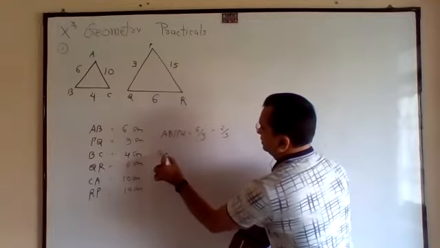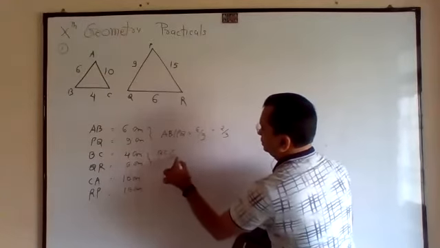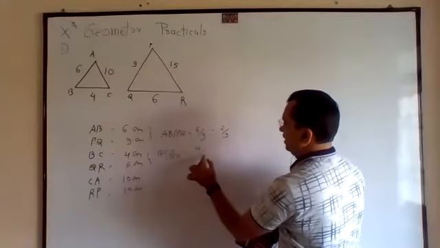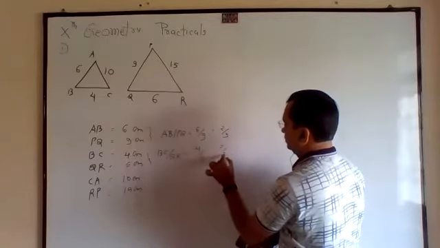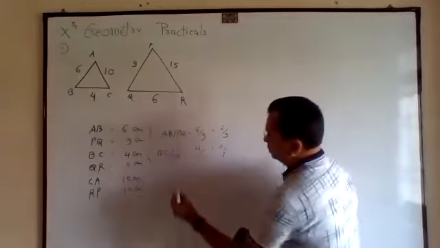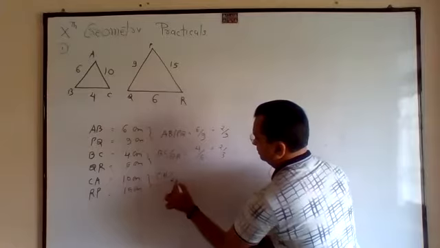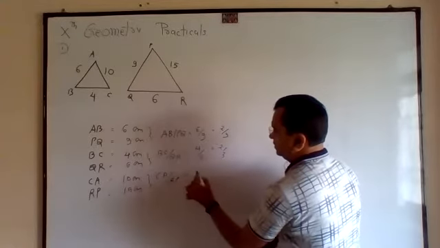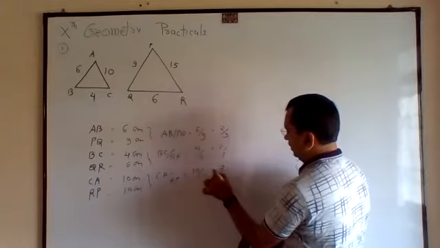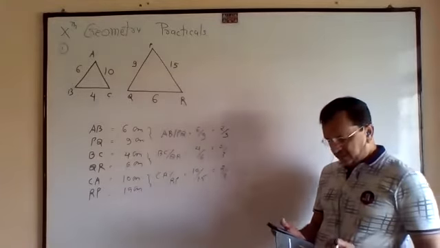Then BC by QR, that is 4 by 6, 2 by 3. Now third also, CA divided by RP is equal to 10 by 15, 2 by 3. So all three are equal.